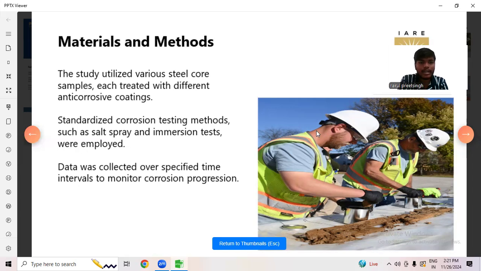Data was collected over specified time intervals to monitor corrosion progression. This is the materials and methods.